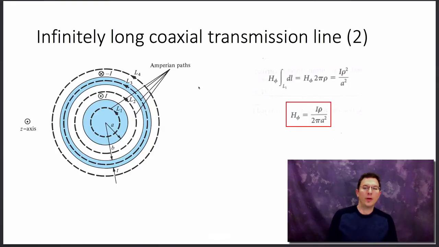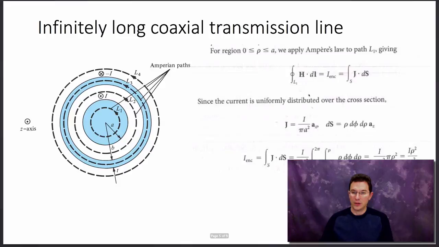The integral, phi goes from 0 to 2 pi. dl again in this case is rho d phi instead of a d phi because this Amperian contour has a radius rho in this case. And so when you integrate H phi around this contour, you just simply get H phi times 2 pi rho in this case. That's the left-hand side of this equation.